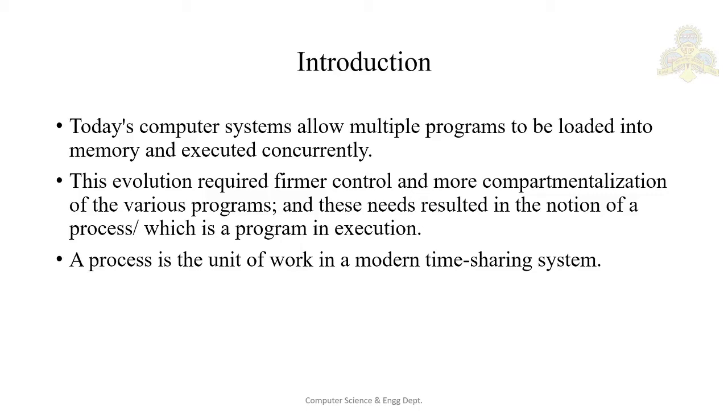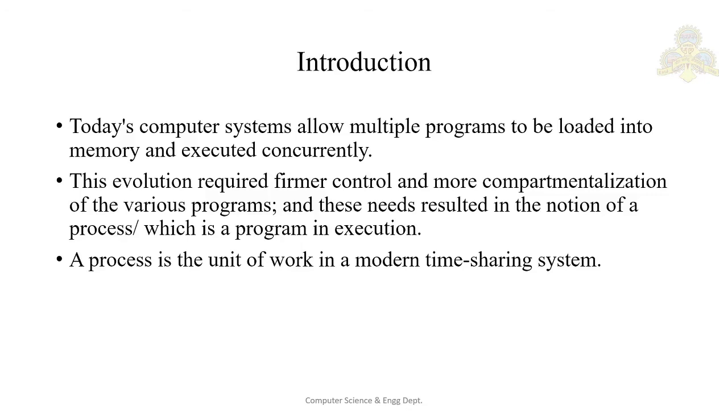The more complex your operating system is, the more it is expected to do on behalf of its users. So, a system is therefore considered as a collection of processes. The operating system has processes executing system code, and user processes executing user code.